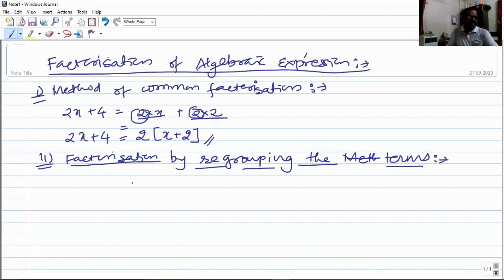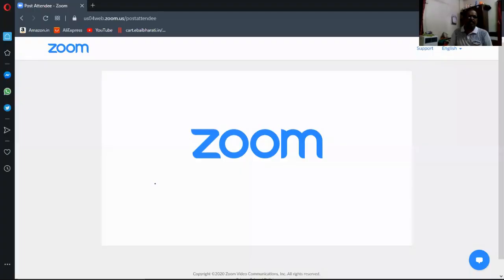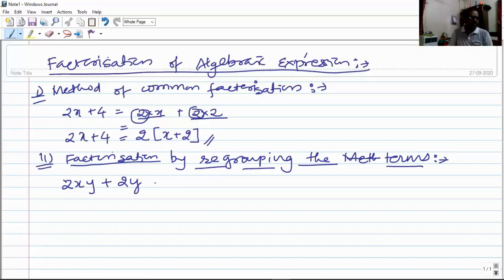In this case, students, we are given some polynomials. Suppose you are given an expression having terms 2xy plus 2y. So what we do in this case is take some more terms: 2xy plus 2y plus 3x plus 3.